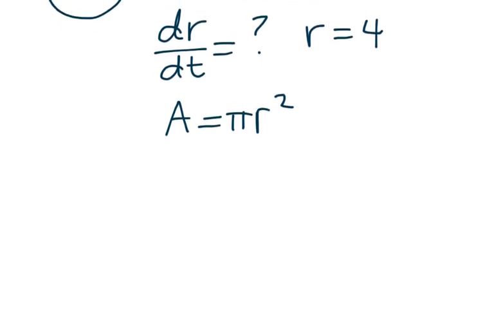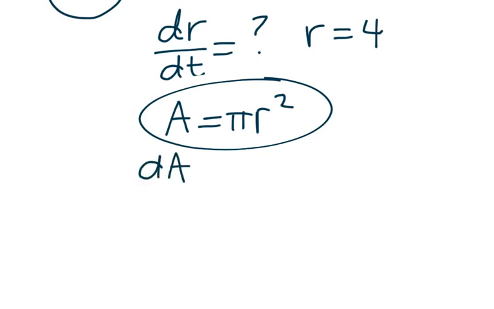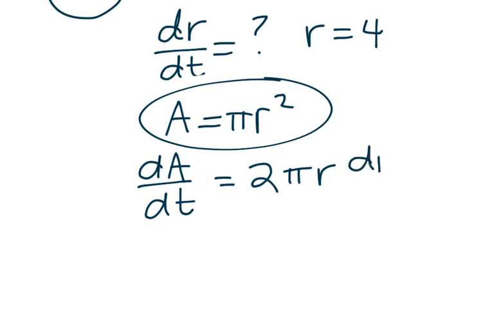So given that we are now working with this formula, we're going to differentiate that with respect to time. So this is going to give me dA/dt, and I'm going to differentiate this, so this gives me 2 pi r times dr/dt.